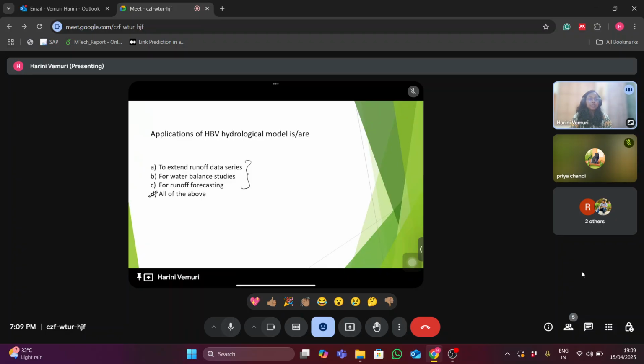And also we can use it for water balance studies, because we get an idea of different variables within the basin using the HBV model. And also using the forecasted input data, we can generate the forecasted runoff also.